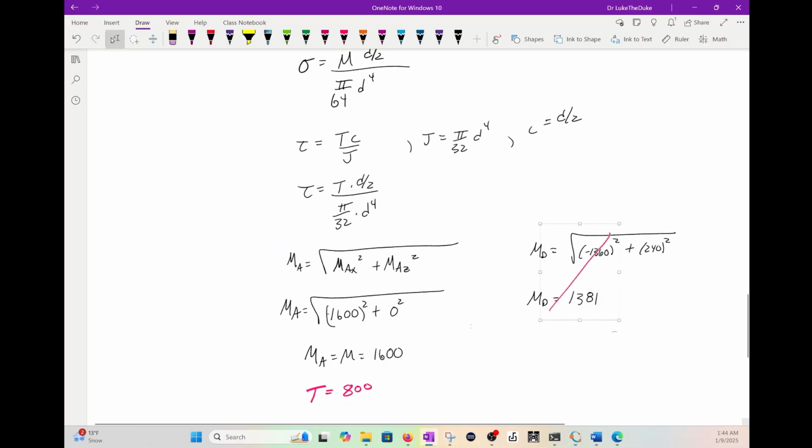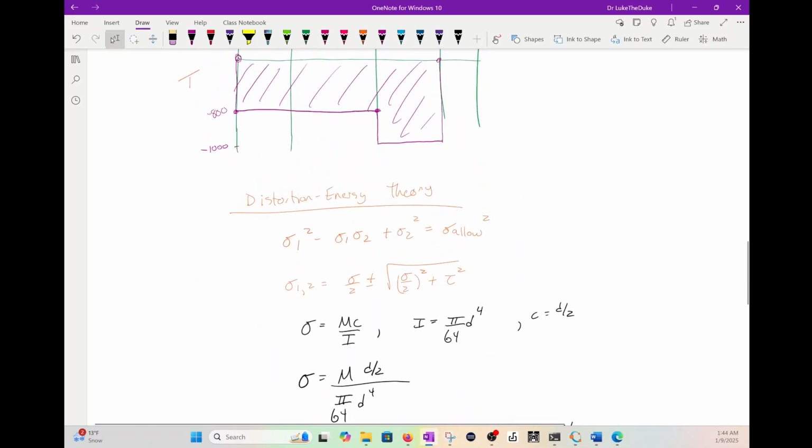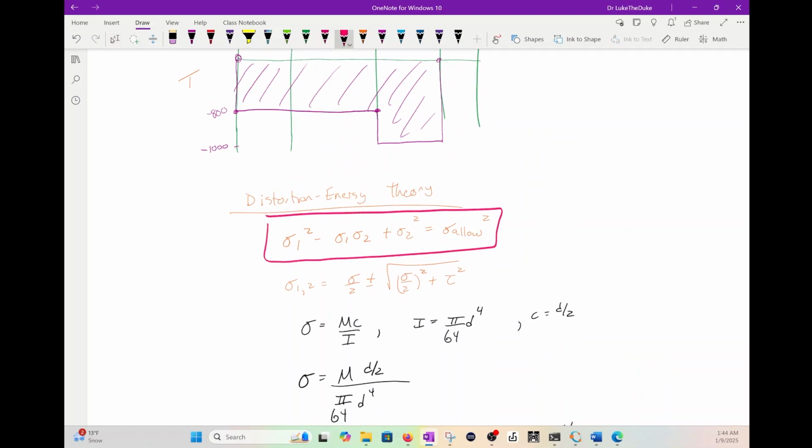So what does that mean? Well, if I go back up here, I'm using this equation right here. Okay. And I'm going to call everything in this left-hand side, and I'm going to compare it to sigma allow squared. All right.